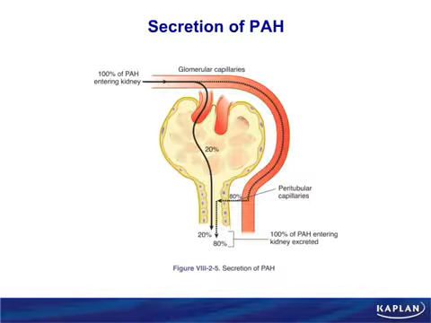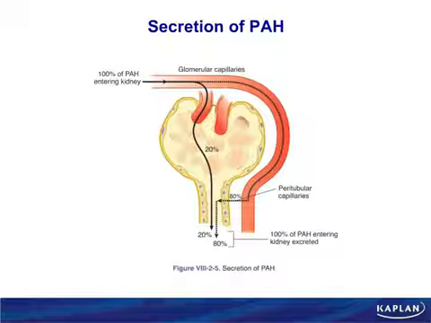So you have a renal plasma flow, which is a volume of plasma that enters the kidneys. And in that volume of plasma is a concentration of PAH. And usually there's a low concentration of PAH in that renal plasma flow.